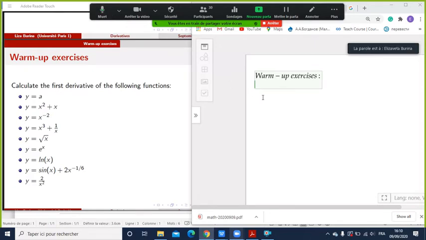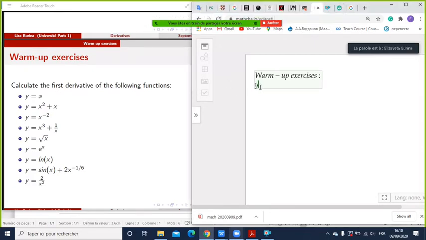Okay, so let's just check it real quick. As I told you, not spending much time here, just to check. Look, this notation is one of the notations that we use for derivative.